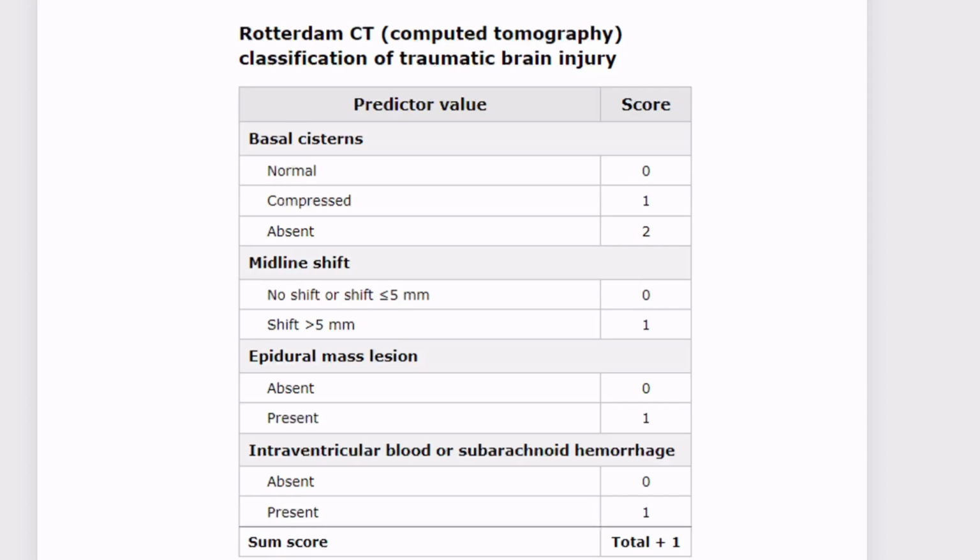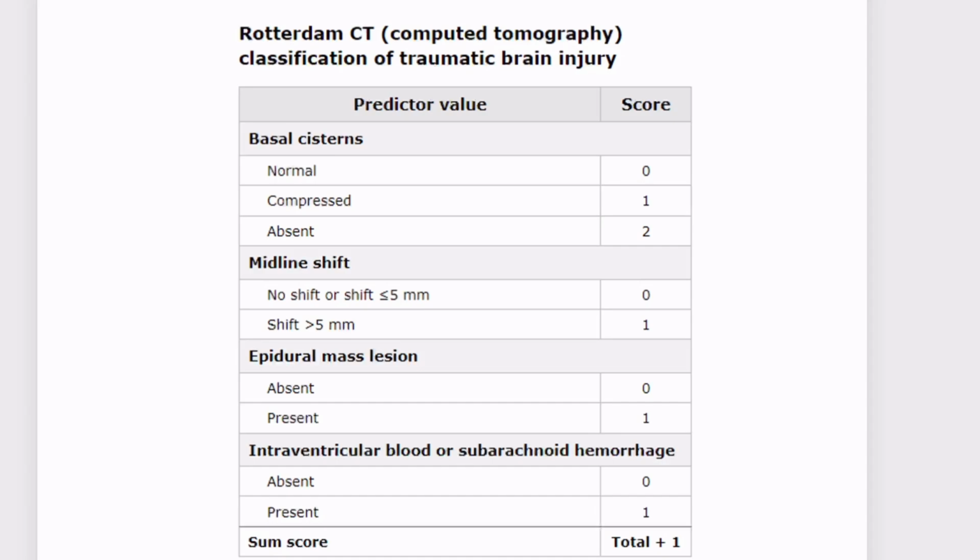When there is no midline shift or shift of 5 mm or less, it is given 0. An epidural mass lesion is given 0 when absent and 1 when present. Intraventricular or subarachnoid hemorrhage is given 1 if present and 0 if absent.